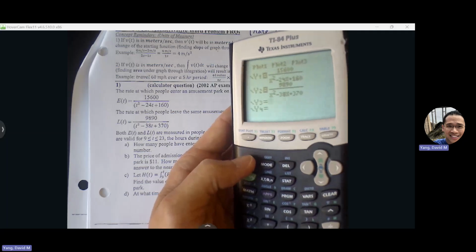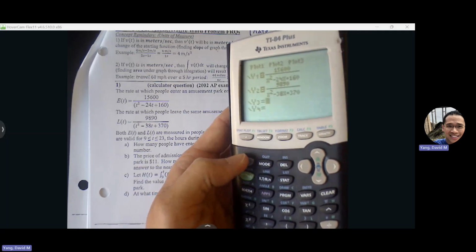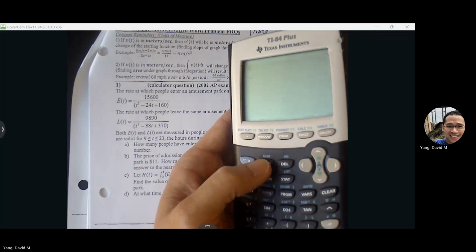Again, we're always using variable x in our calculator. Okay, go do second mode, go back to your home screen.